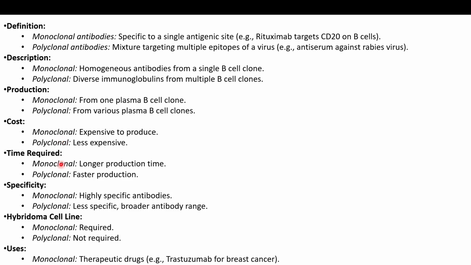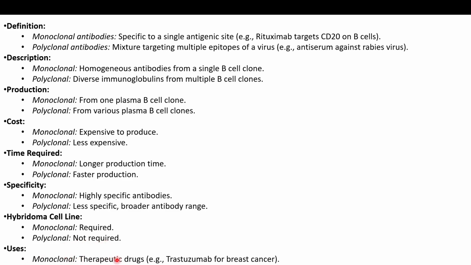Production of monoclonal antibodies is costly as well as time consuming, but polyclonal antibodies are faster to produce. Monoclonal ones are highly specific, but polyclonal antibodies are less specific and have a broader detection range. Hybridoma cell lines are required in case of monoclonal antibodies, but in case of polyclonal antibodies, you don't really need them.